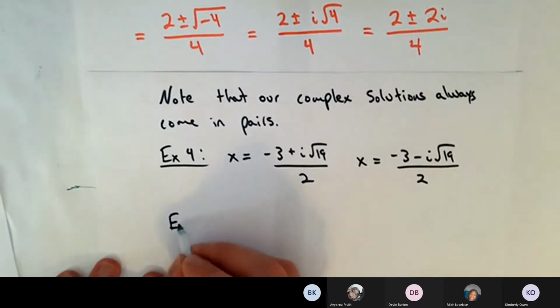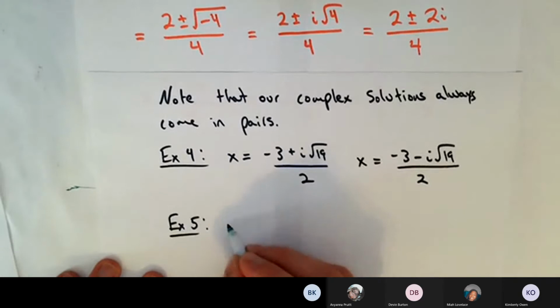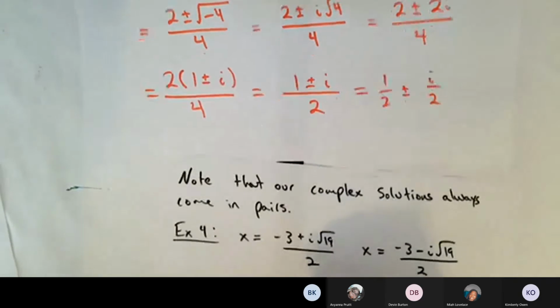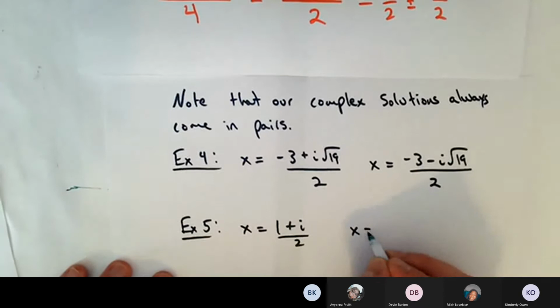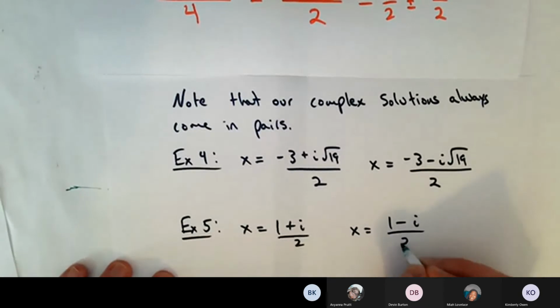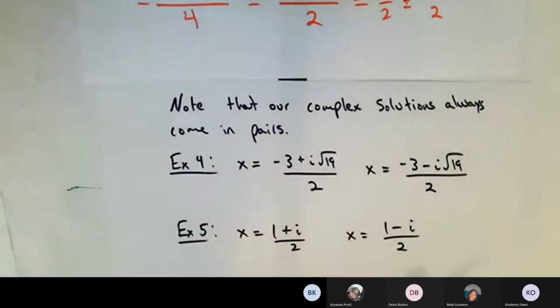In example 5, the solutions were x equals 1 plus i over 2, or x equals 1 minus i all over 2, right? Those were our solutions for examples 4 and 5.